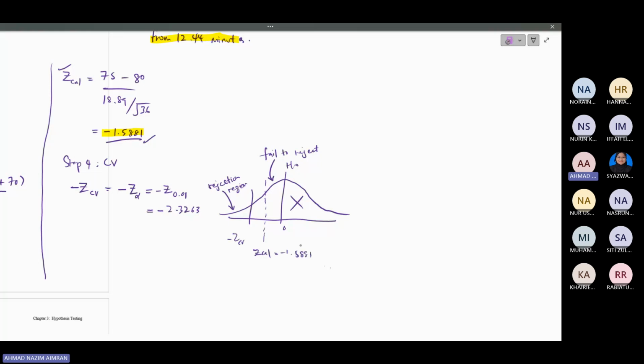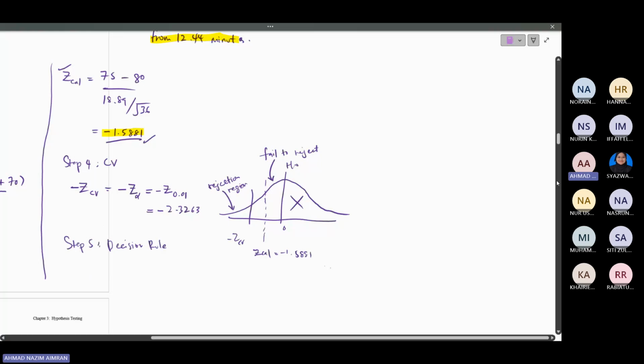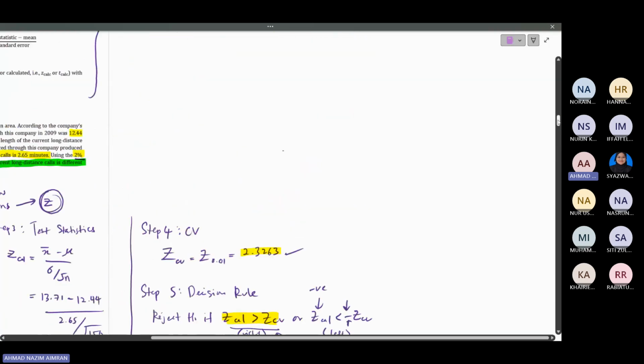It is greater than the Z critical value. Therefore, in step 5 for the decision rule, you can simply write down what is mentioned up here.